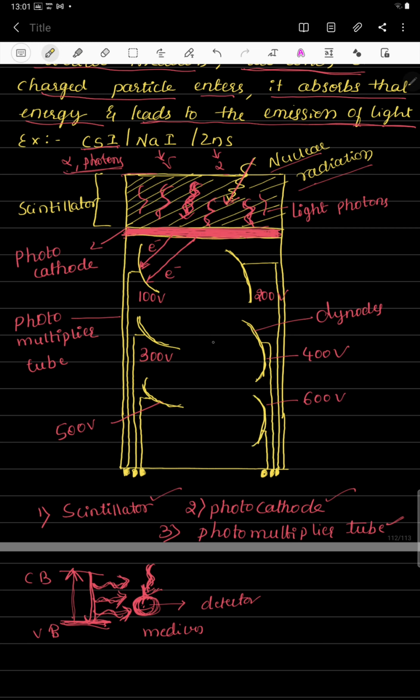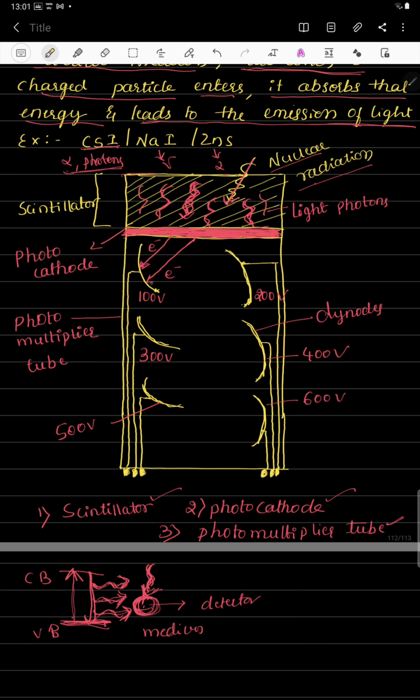All these electrodes are at different potentials, arranged in increasing order. Suppose the first electrode is at 100 volts, then the second electrode is at a higher potential, 200 volts. The third is at still more, 300, 400, 500, 600, like that.